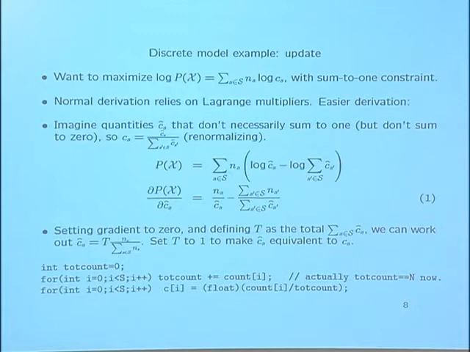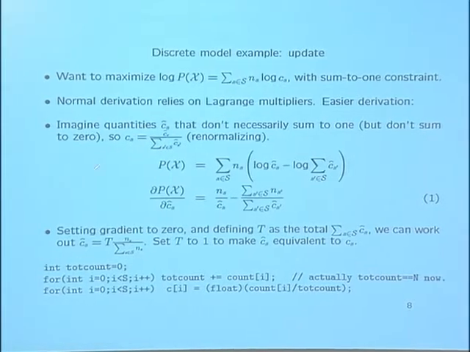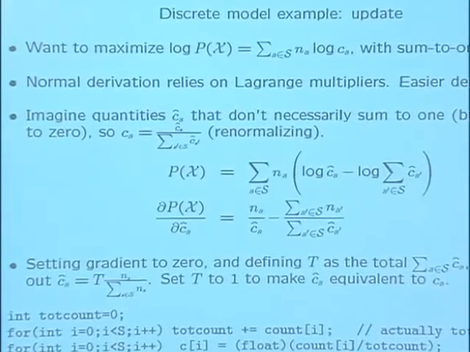Imagine quantities c hat sub s that don't necessarily sum to 1, but which don't sum to 0. This is kind of a renormalization. C sub s is c hat sub s divided by the sum. So that renormalizes them to sum to 1. And then we optimize the c hat sub s.